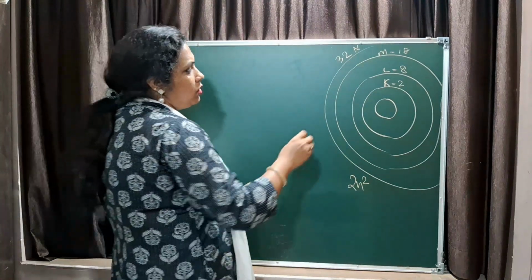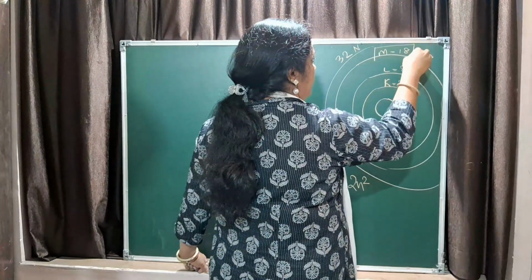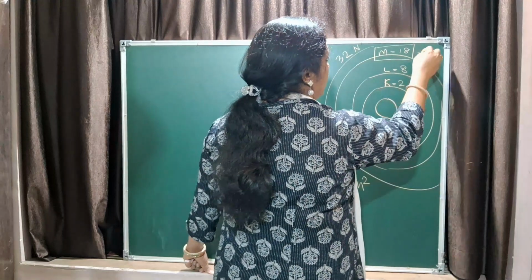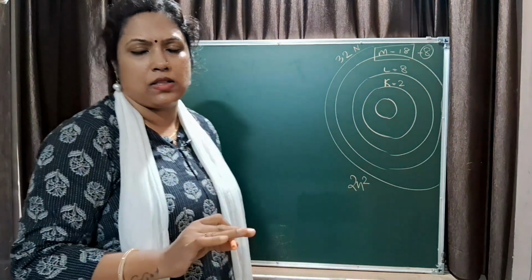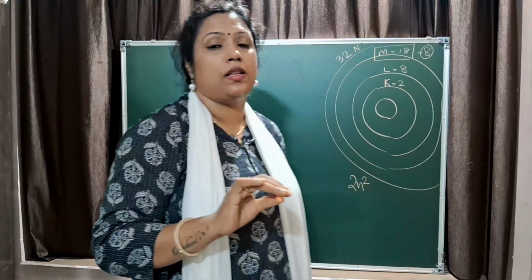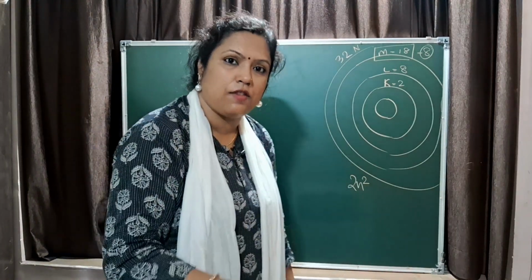Now, here also, when we are studying the first 20 elements, we have to see the maximum comfortable arrangement: 8 is the maximum number of electrons that we fit in the last orbital. Anything extra we move ahead.